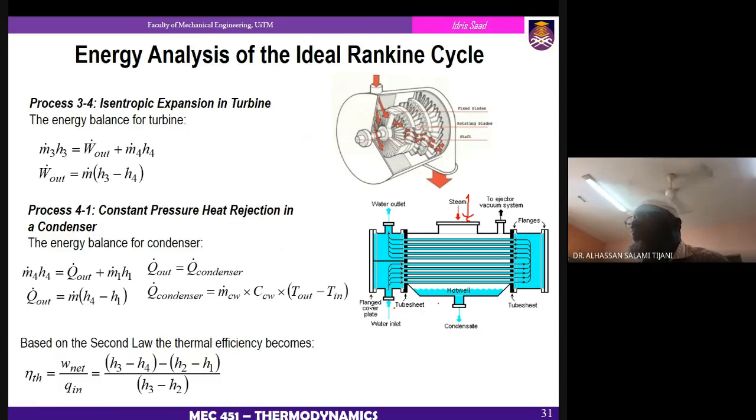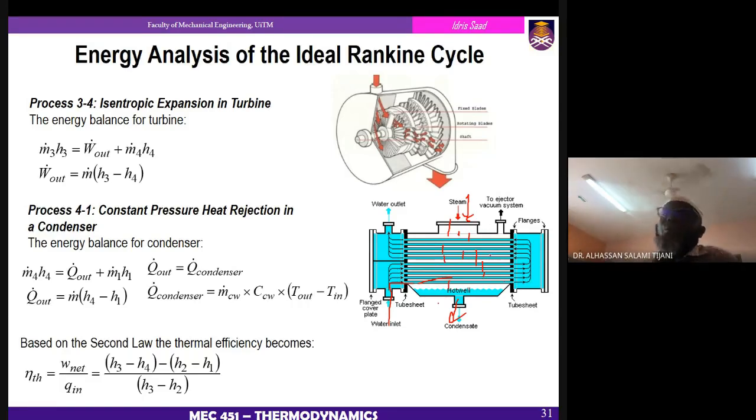Cold water is fed into these tubes, the hot steam flows across the tubes, and it is condensed, and eventually it comes out like this.